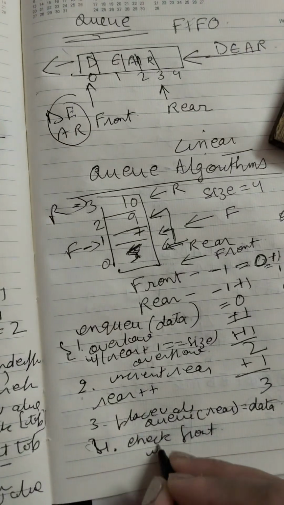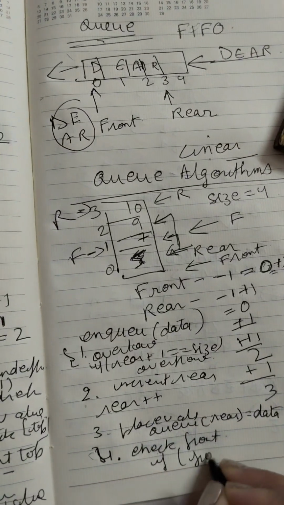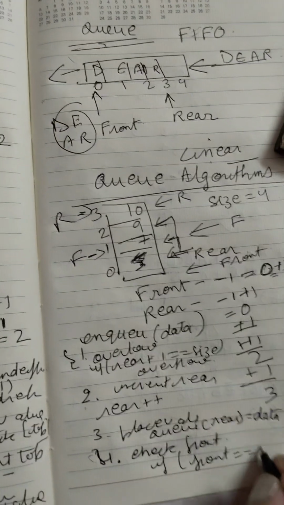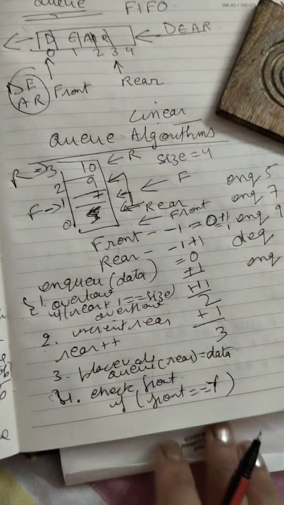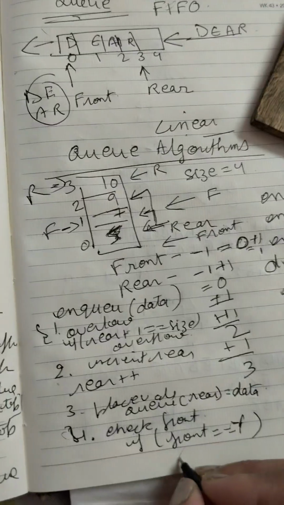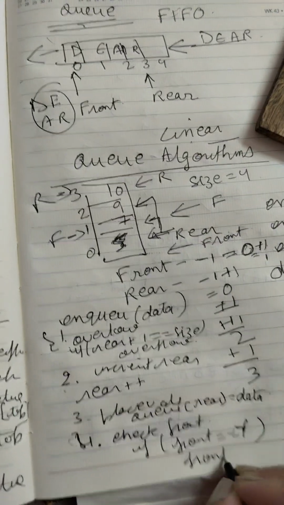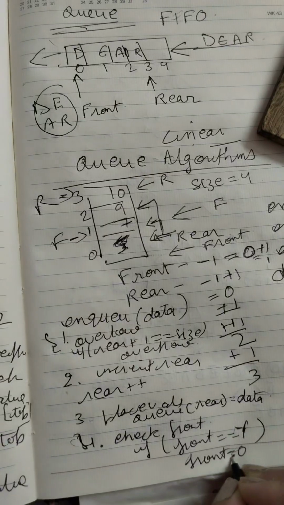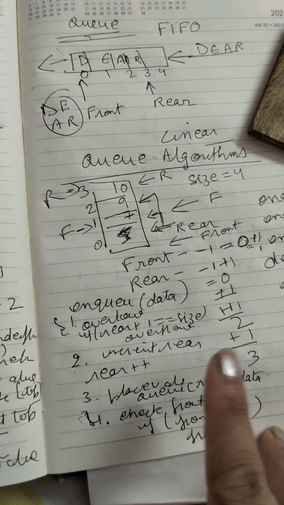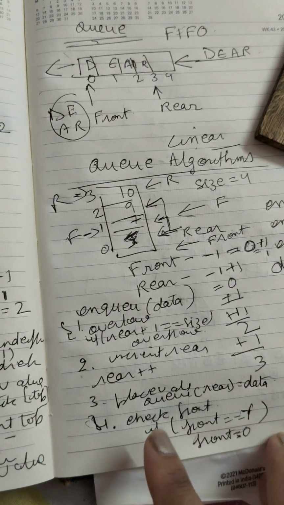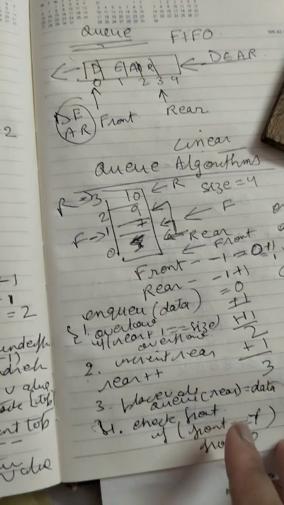Then we will check if front is equal to minus 1, then we will update the front to 0. So this is the algorithm for the enqueue. First you check for the overflow, then you increment the rear, then you place the value and check the front for being minus 1.